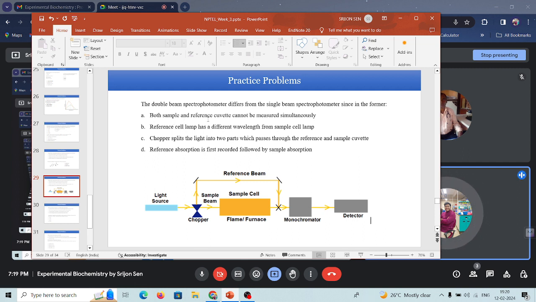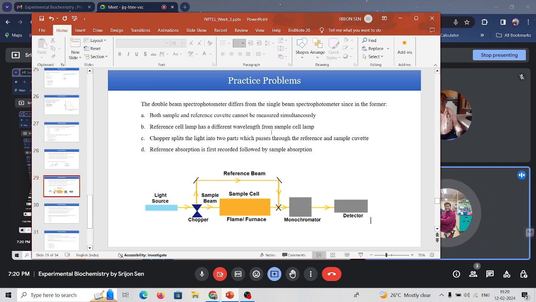Both the sample and the reference cuvettes cannot be measured simultaneously. The reference cell lamp has a different wavelength from the sample cell lamp. The chopper splits the light into two parts, which pass through the reference and the sample cuvette, and reference absorption is first recorded, followed by the sample absorption. The first option is incorrect, because both can be measured simultaneously.